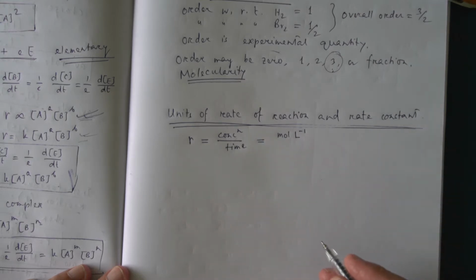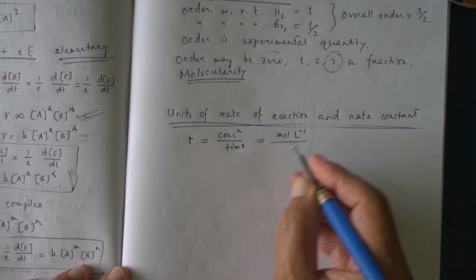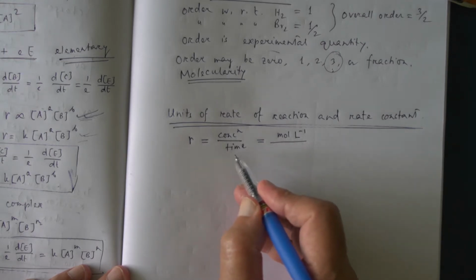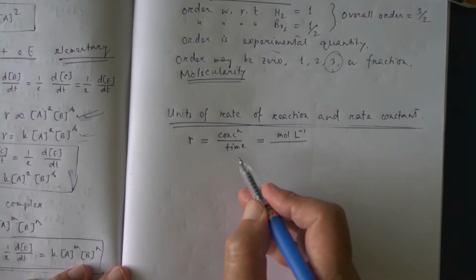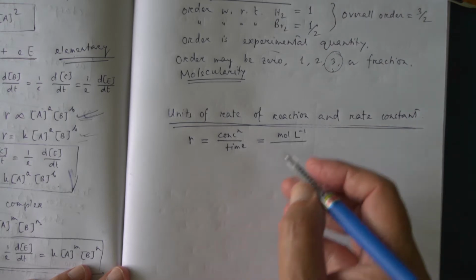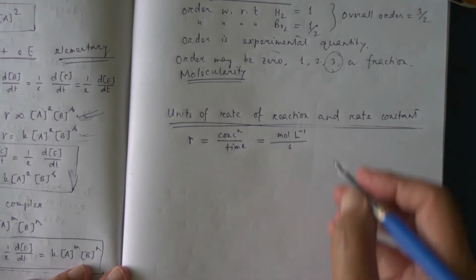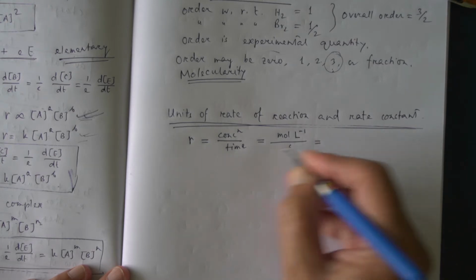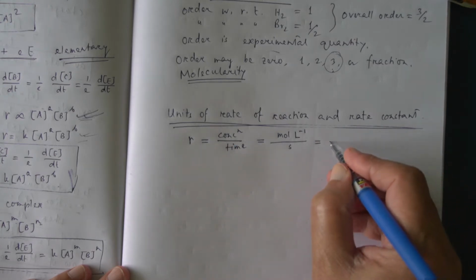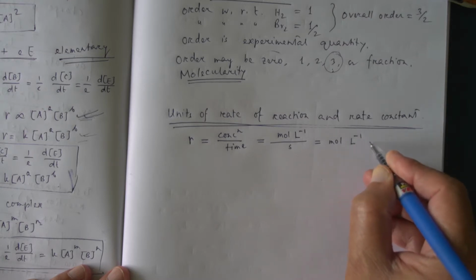And unit of time may be hour, minute, second, or day. Generally we write it in second. So what is the unit of rate of reaction? Mole per liter per second.